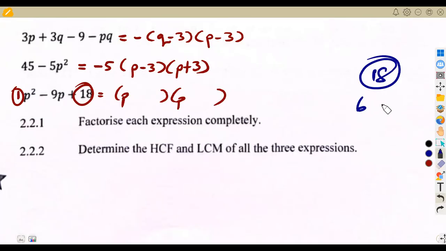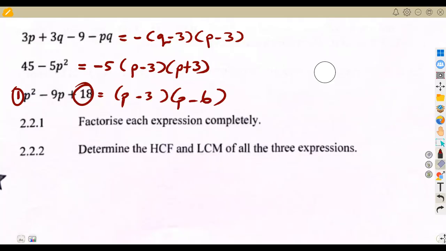Factors of 18, you think of 6 and 3. 6 times 3 is 18. 6 plus 3 is 9. But to get a -9, it must be -6, -3. Right? Negative times negative, it's a positive. If we add -6 plus -3, it gives us a -9. So these were the two that I wanted you to have, p minus 3, p minus 6.